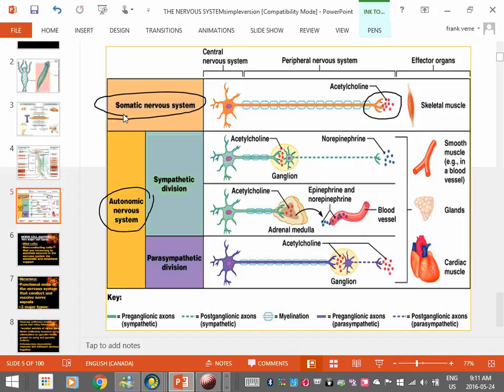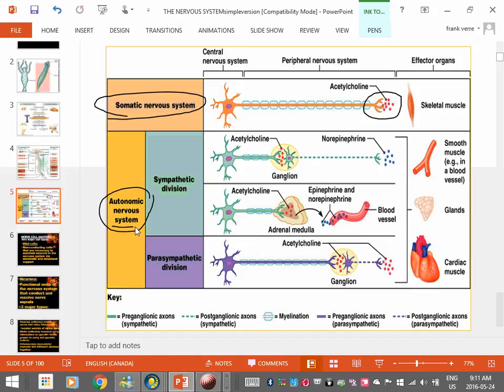Yeah, respiration. You know, you could force yourself to breathe quickly, but you don't really think about, oh, I should breathe a little bit more right now. These are things that you just do, right? Blood pressure, heart rate. Those are things that you don't really control. So they're under the regulation of the autonomic nervous system.